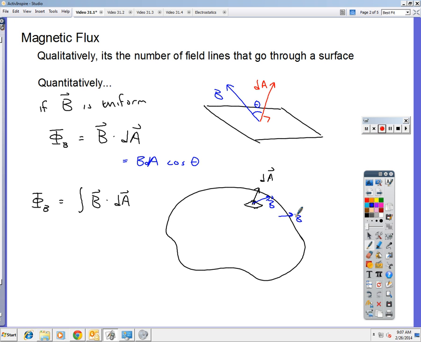You add all of them up to get the total flux. Most of the time in this class, we're going to be looking at cases where the magnetic field is constant or uniform over the area we're dealing with. But there is one problem in your homework assignment where it's not, and I'll give you some tips for that at the end of this video.